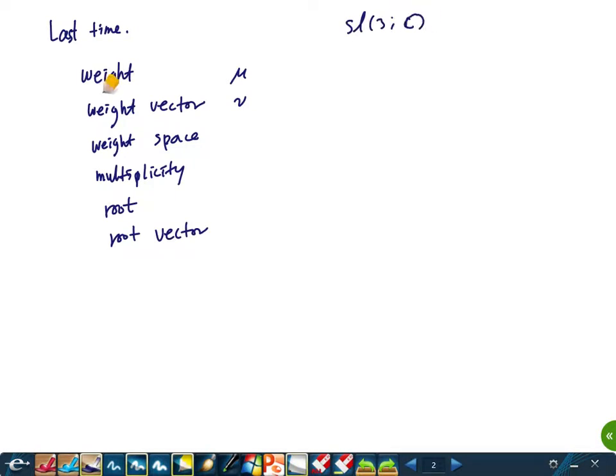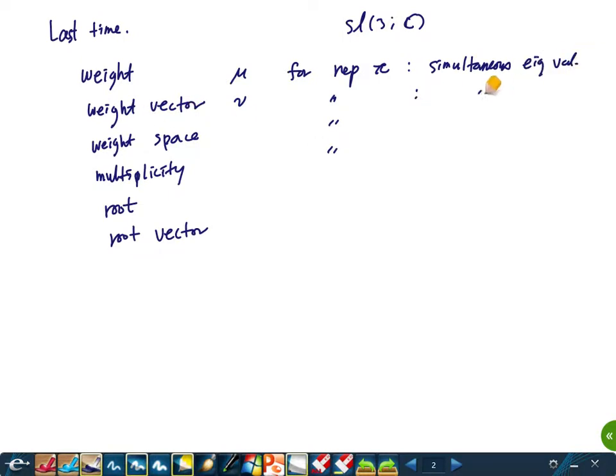What is a weight? What is the definition of a weight? So weight, we have to say representation for representation pi, right? Also, for these weights, we have to say for representations, but these are definitions only using SL3. So this weight is, in other words, simultaneous eigenvector values.